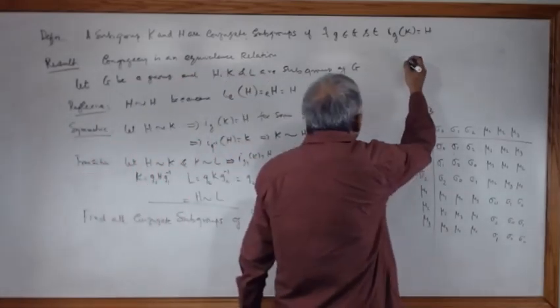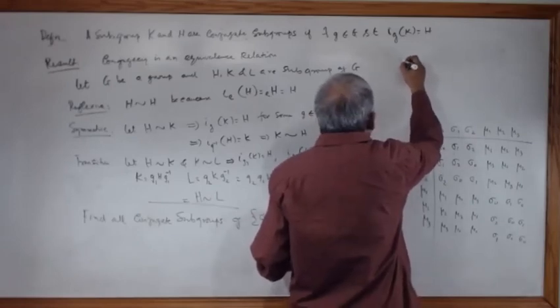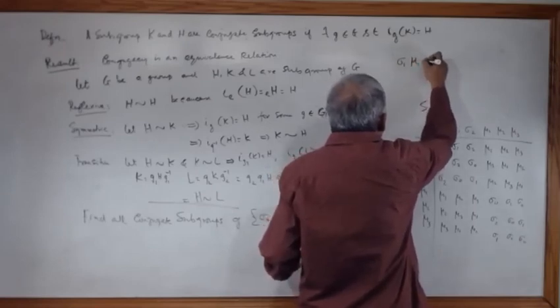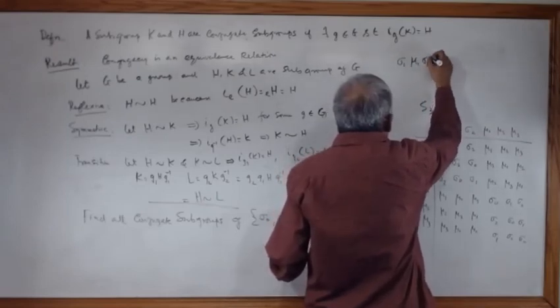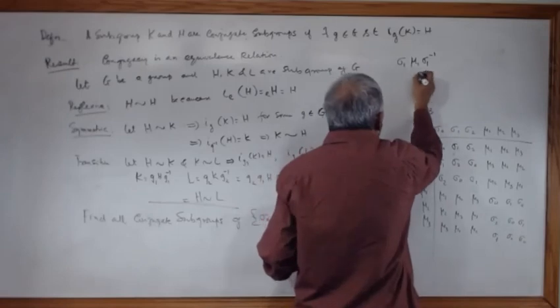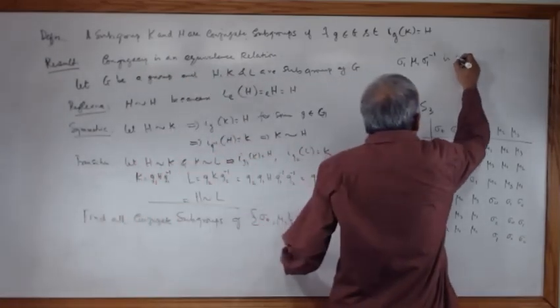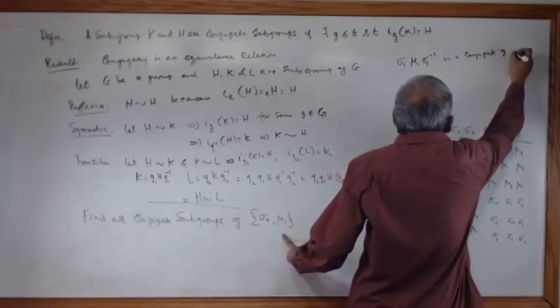So how do you find the conjugates of μ1? Let us take σ1 μ1 σ1 inverse. This is a conjugate of μ1.